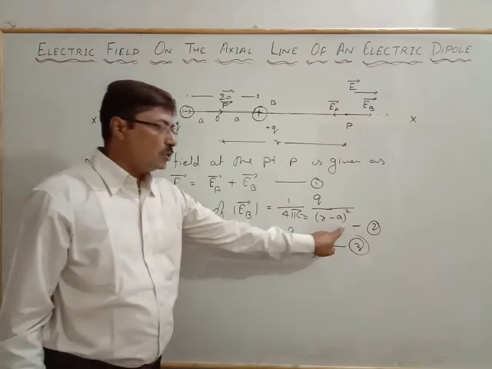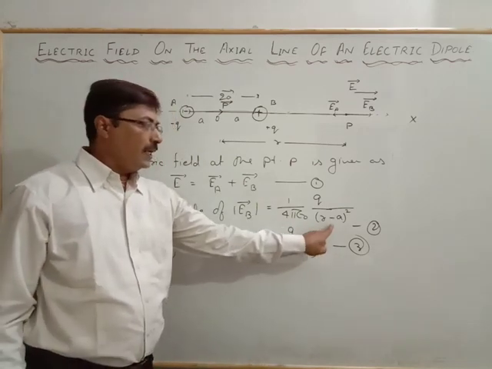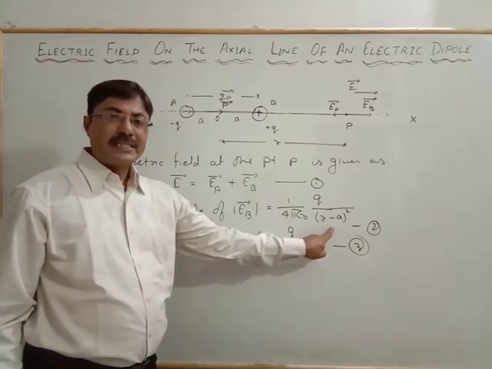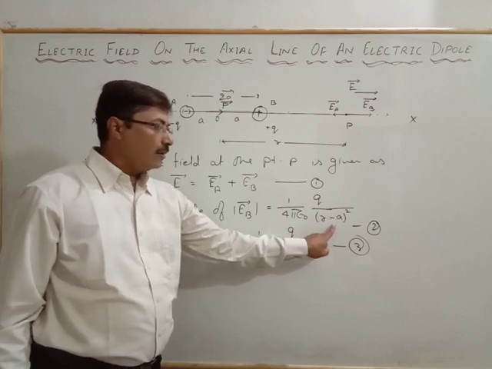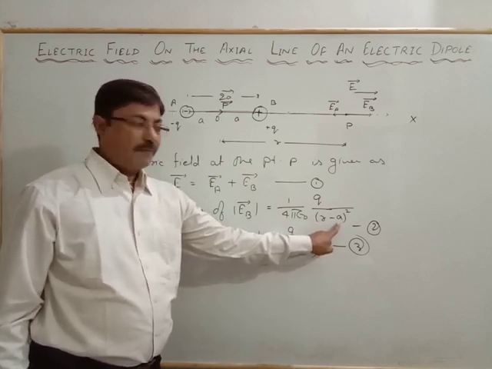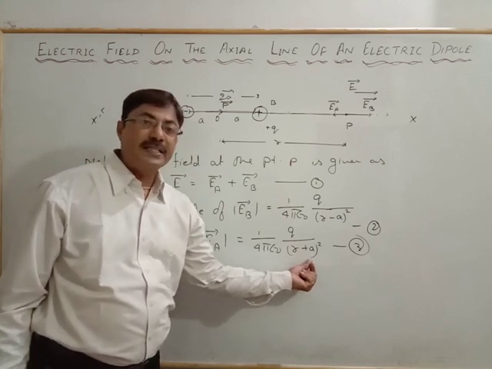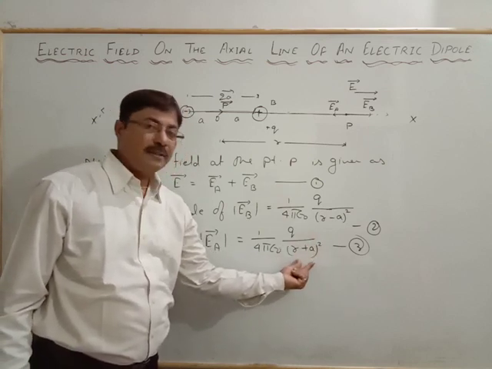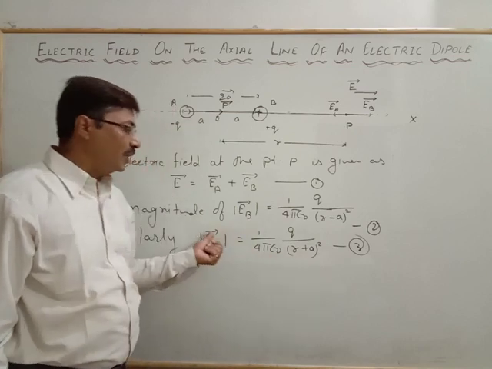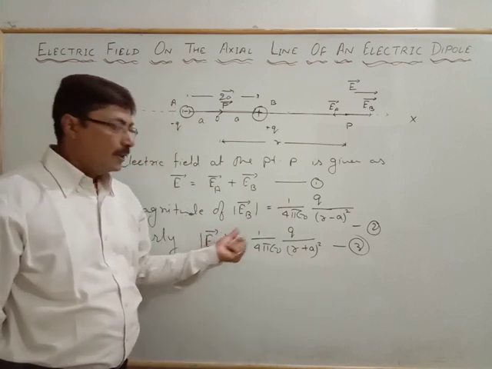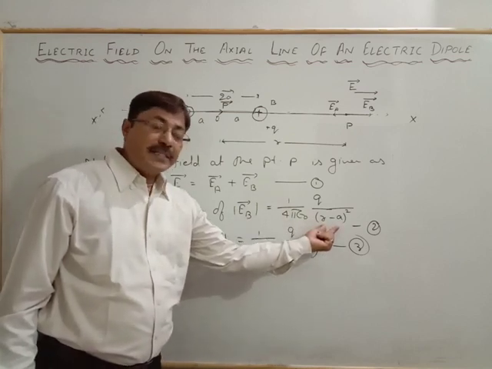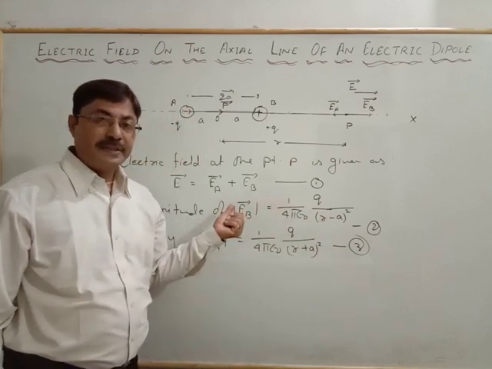Just see equation 2 and equation 3. Here the denominator is less. Here r minus a, the value decreases, whereas here r plus a increases. If the denominator increases, that means the value decreases. If the denominator decreases, that means the value will increase.